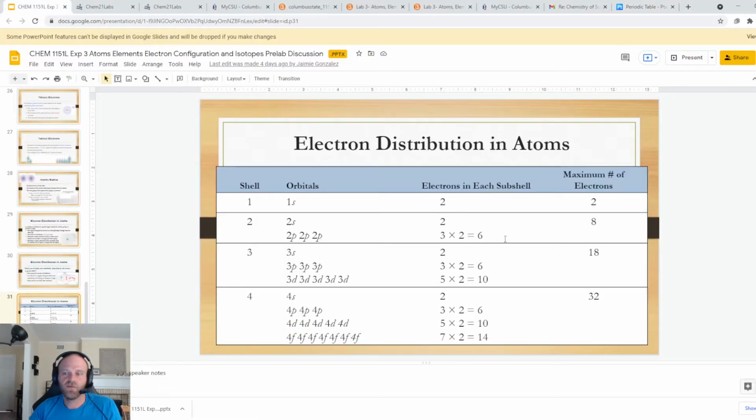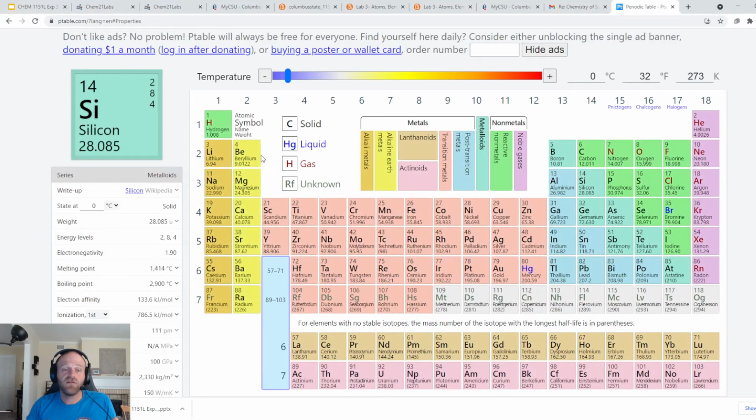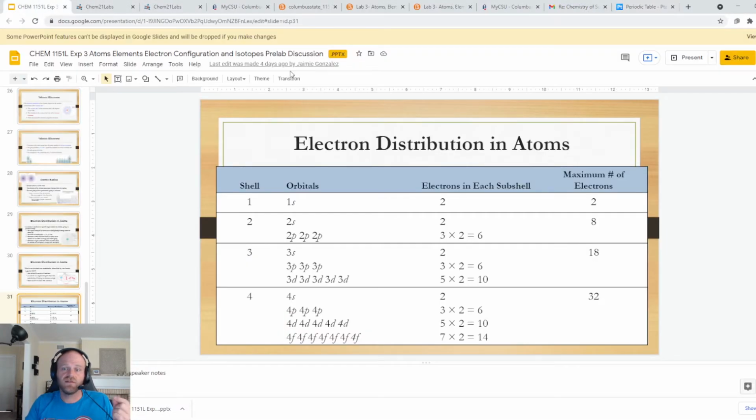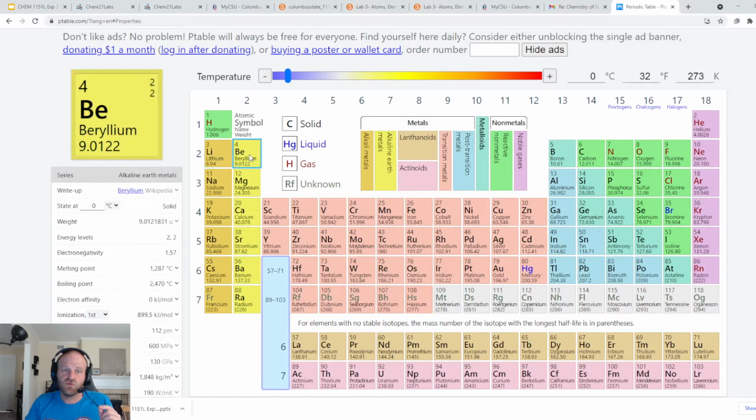Alright, so now let me explain why these numbers here are different. Because each principal energy level, each shell, consists of all of these orbitals, right? So for my first energy level, number 1, I only have an S orbital, so I can only hold 2 electrons. That's how come for the S in number 1 you'll see 2 electrons. Now when I get into the second one, I have 2 electrons in the S orbital, and I have 6 in the P orbital.